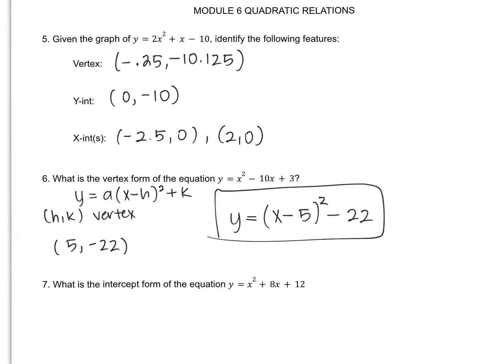Remember, when we're writing vertex form, it's the opposite of what's with x in parentheses, and outside the parentheses, you keep the value of y. And again, I can't stress enough how important verifying your equation with Desmos is.